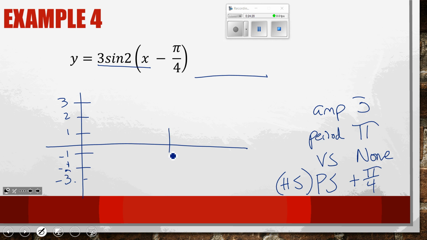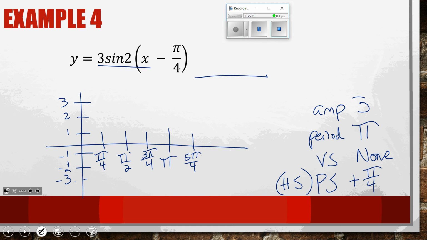So you go from 0 to pi, then you split it in 2, you get pi over 2, you split that in 2, you get pi over 4, and then that'll be 1 pi over 4, 2 pi's over 4, this will be 3 pi's over 4. And then at the end, we know we're going to shift it to the right, so I probably need to add one more and make it 5 pi over 4. Now, this one's going to shift to a clear point, right? It won't always do that.